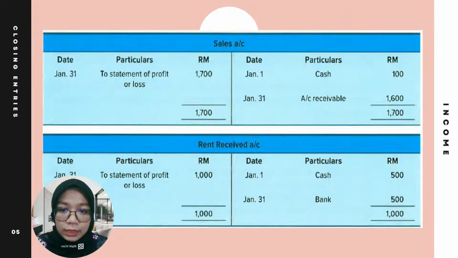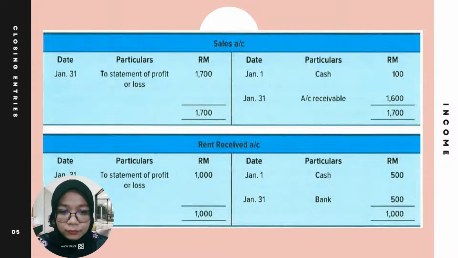And at the end, the closing balance that should be transferred to the statement of profit or loss is the balancing figure, 1,700.